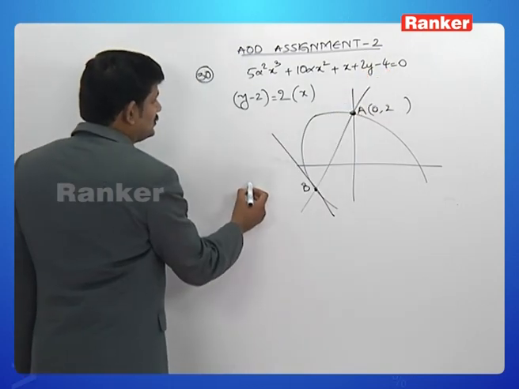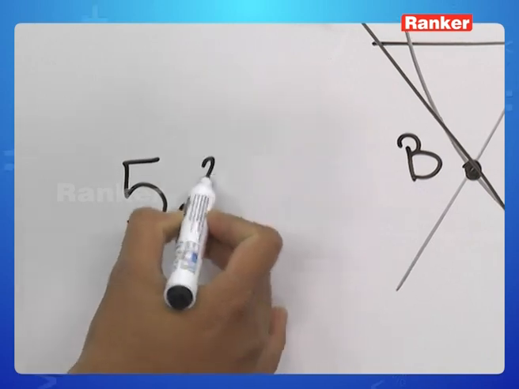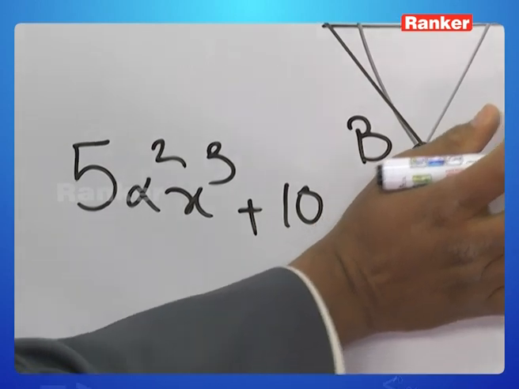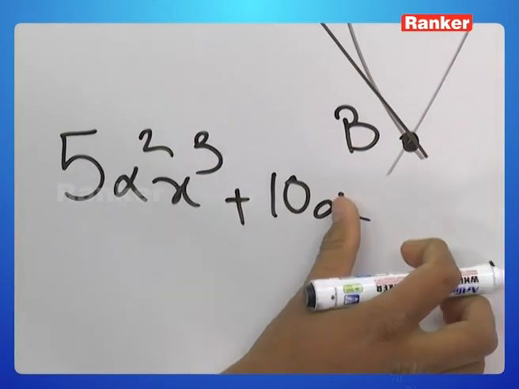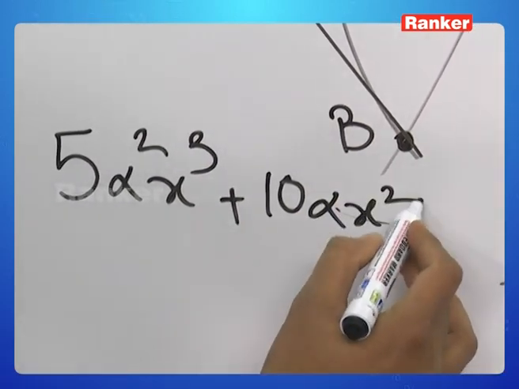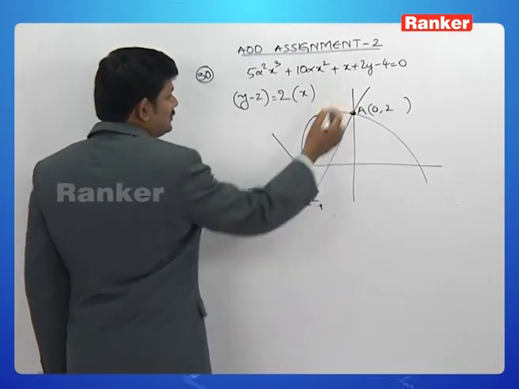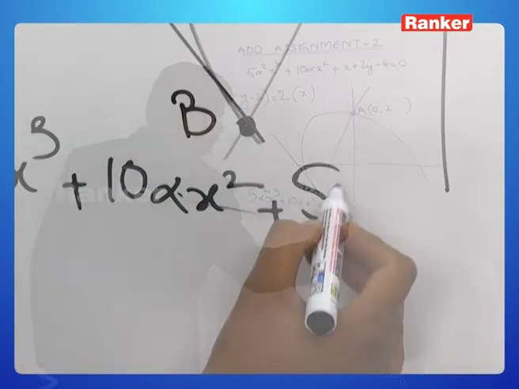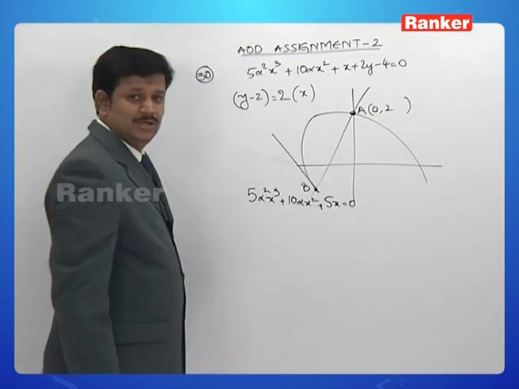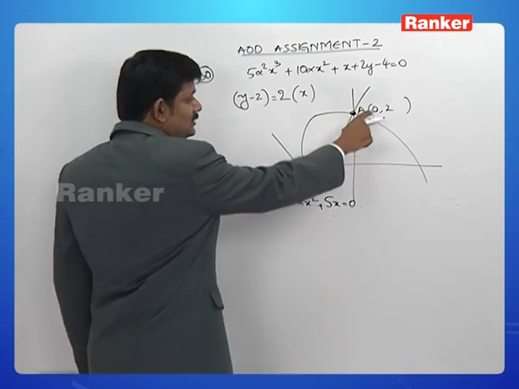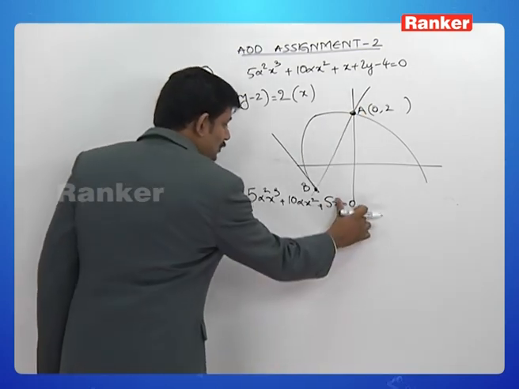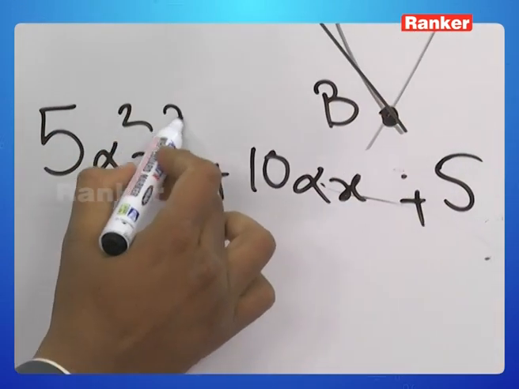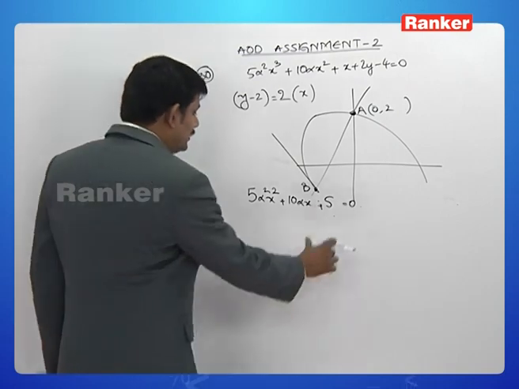This equation becomes 5 alpha square x cube plus 10 alpha x square plus x plus 2 into 2x, which is 4x, or that makes it 5x, equal to 0. So, one solution for this, we already know it is x equal to 0, so we can remove it from the solution list, and 5 we can cancel throughout.